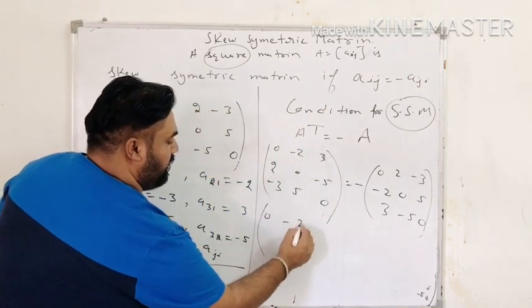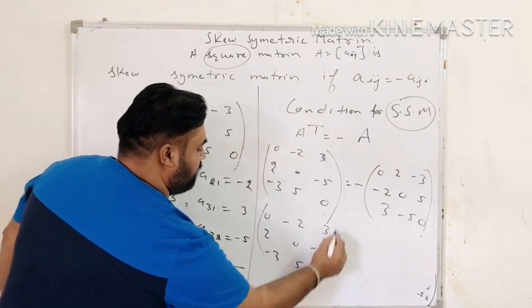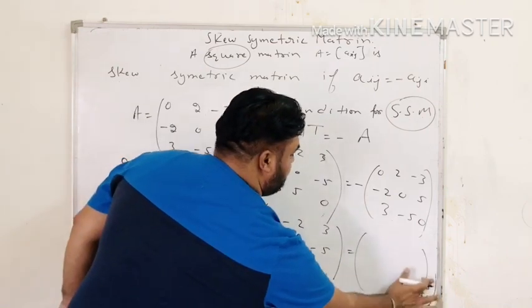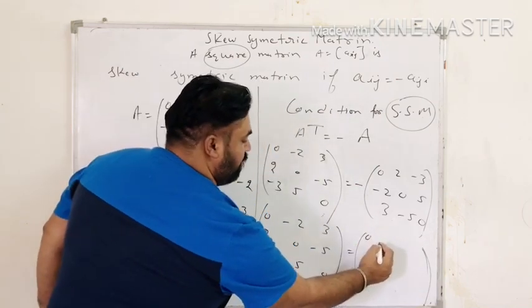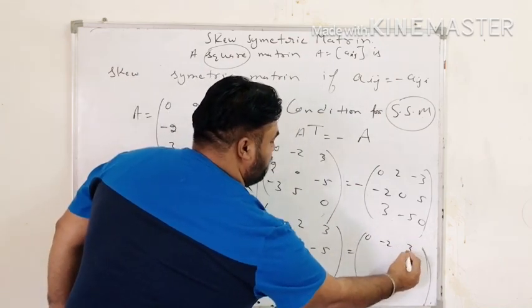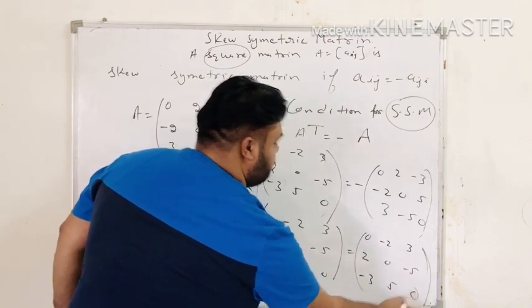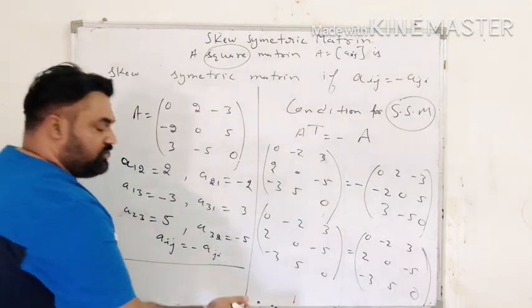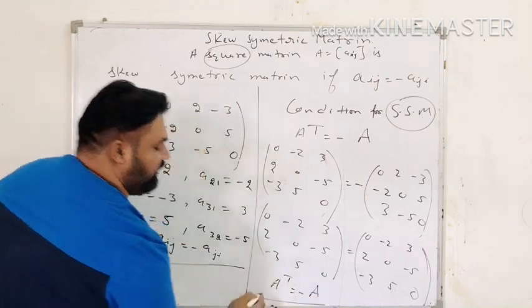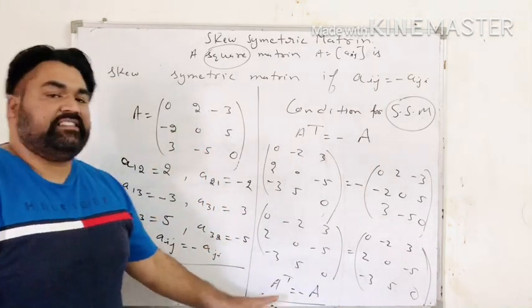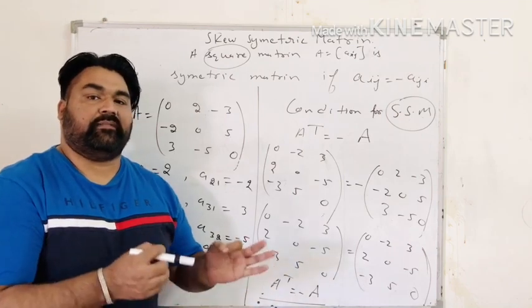Now A transpose is [0, -2, 3; 2, 0, -5; -3, 5, 0]. Multiply the whole matrix A by minus, so this becomes [0, -2, 3; 2, 0, -5; -3, 5, 0]. So this shows A transpose equals minus A. If this condition is satisfied, we can say A is a skew symmetric matrix.